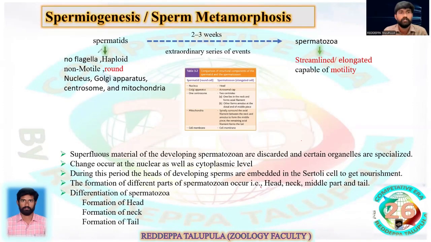Spermiogenesis, not spermatogenesis, spermiogenesis. Sperm metamorphosis. Spermiogenesis is also called sperm metamorphosis. What will be discussed? One, definition. Two, morphological changes or process involved in differentiation.